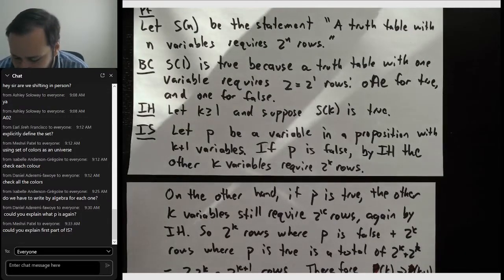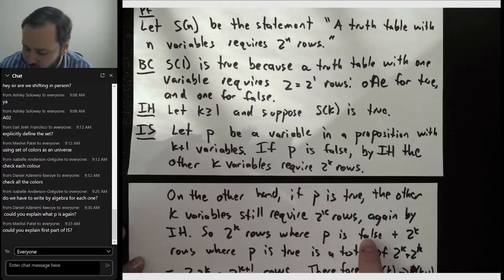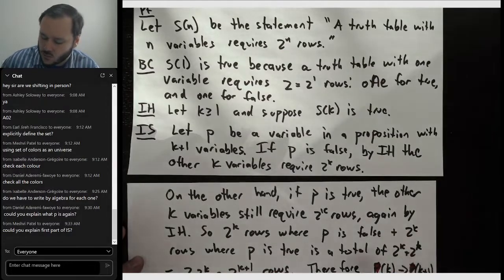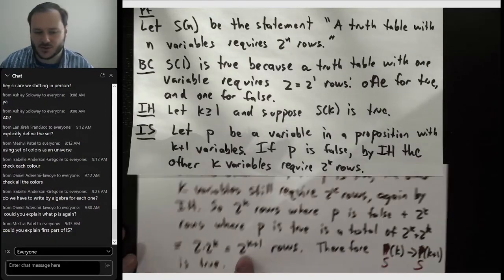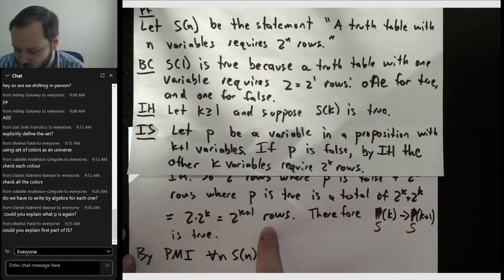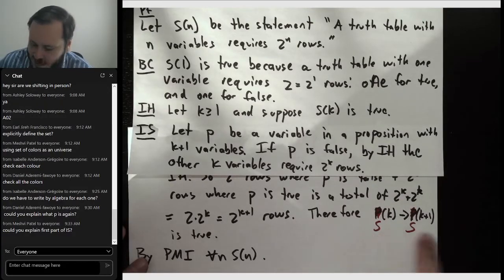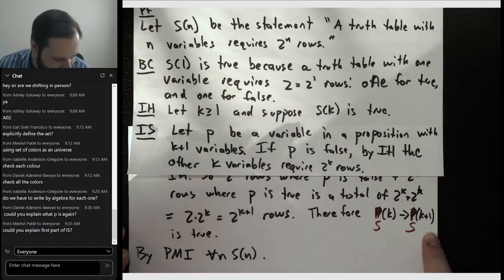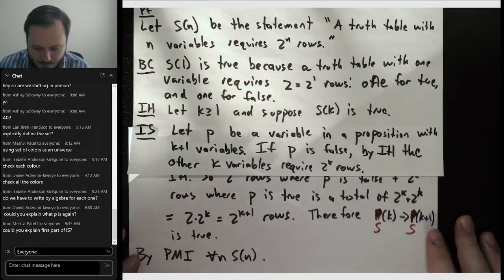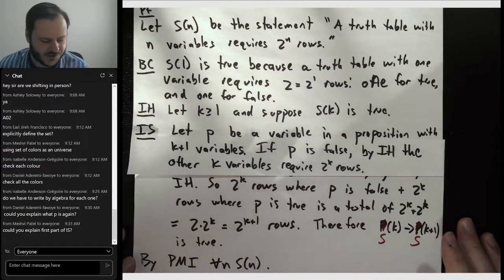I combine them together. 2 to the k rows when it's false, another 2 to the k rows when it's true. In total, that gives me 2 to the k plus 1 rows. That's where I get my 2 to the k plus 1 rows. So S of k implies S of k plus 1. Good question. Other questions?